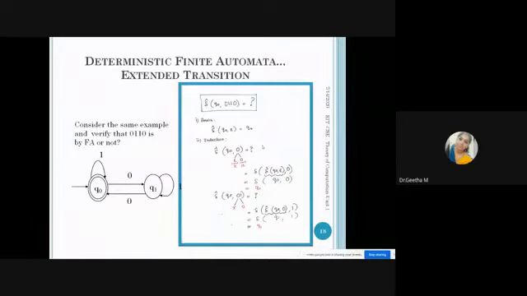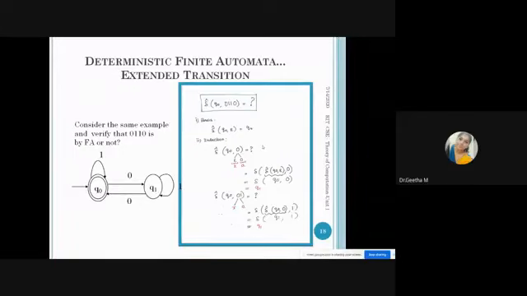From the basis step, del cap of Q naught comma epsilon is Q naught. So the underlined term can be replaced by its answer Q naught. So now you will be getting del of Q naught comma 0. You know from the transition, del of Q naught comma 0 is Q1. So the answer for the first induction step is Q1.